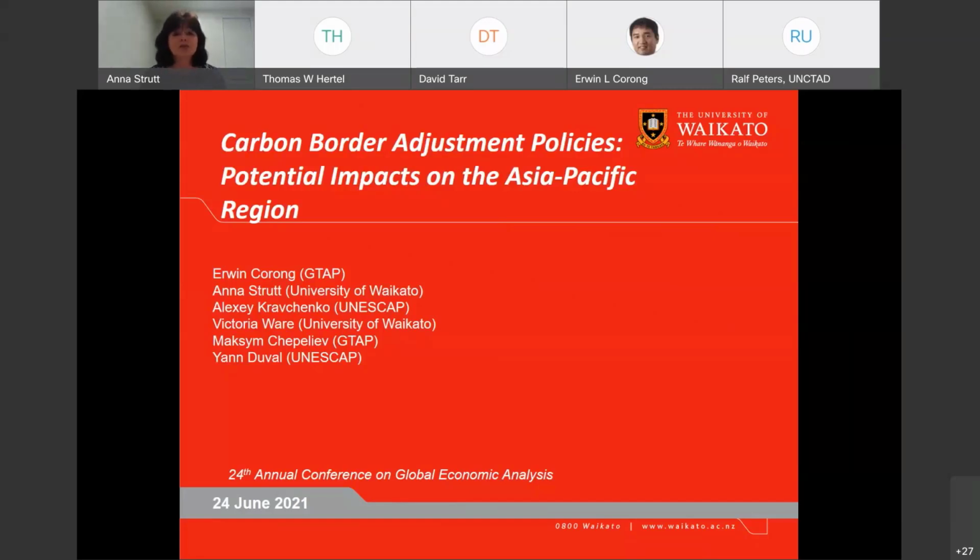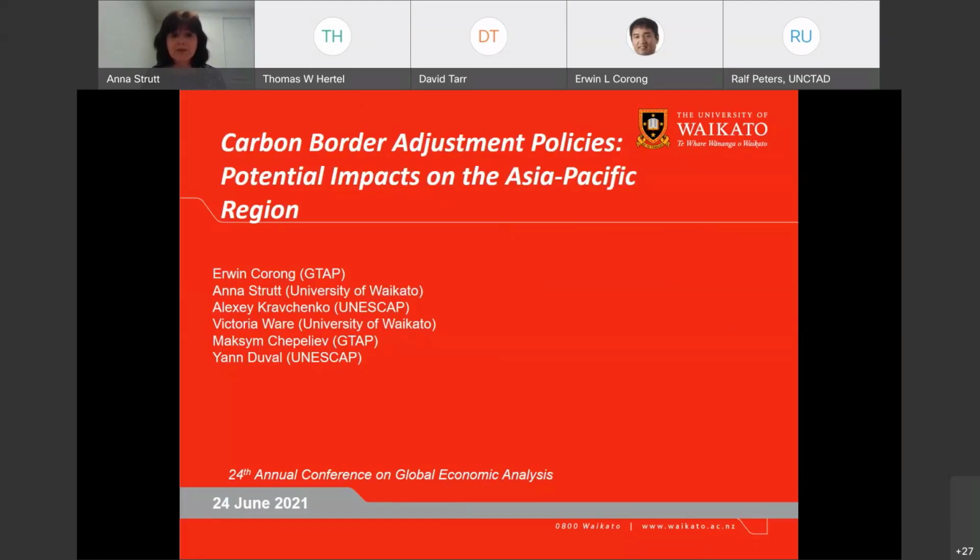And of course, you'll see some overlap in the authorship here. My colleagues, Erwin and Maxine, great to see you here. They also assisted with the modelling, so it's a very similar modelling framework to that which Ralph used. This is a project that we're also doing some work with UNESCAP.